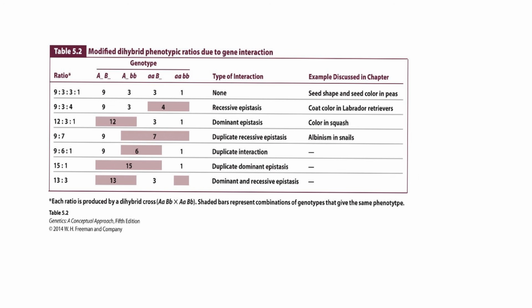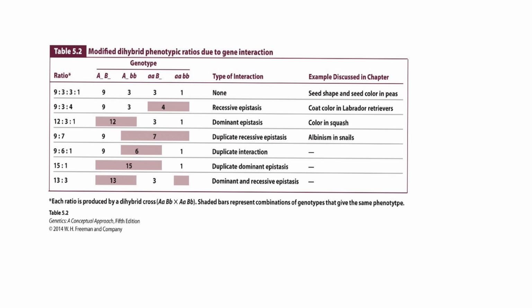The only difference is how the products of the genotypes interact to produce the phenotype. So if there is gene interaction, you cannot consider the expression of individual genes on separate loci. You have to consider how these genes at different loci interact.